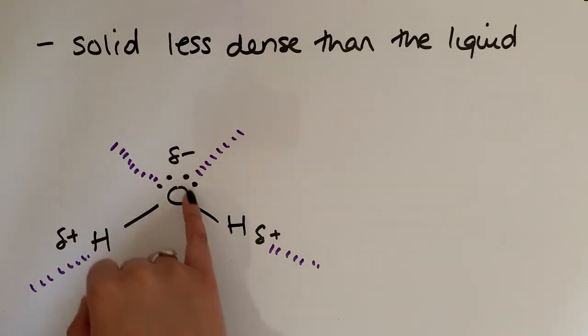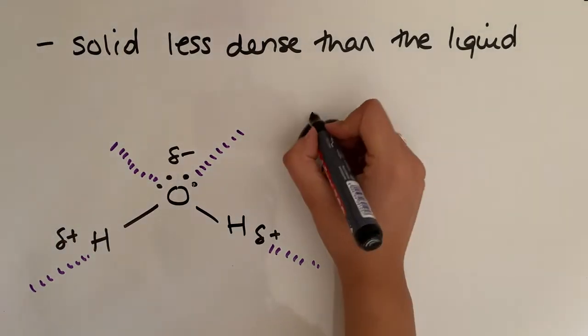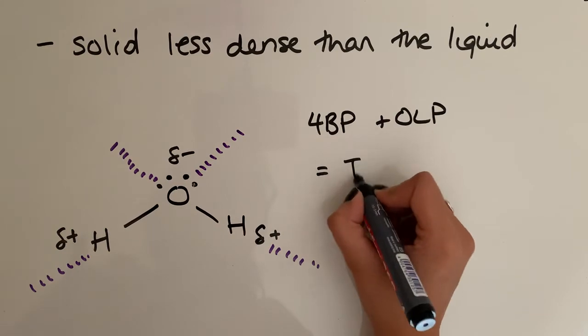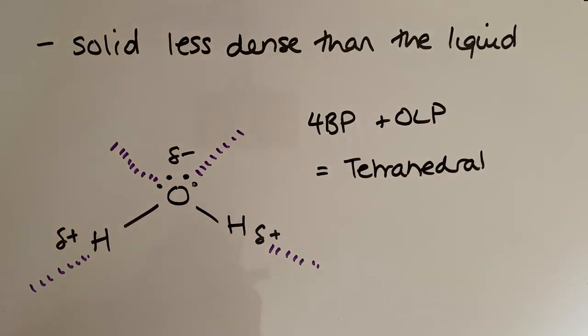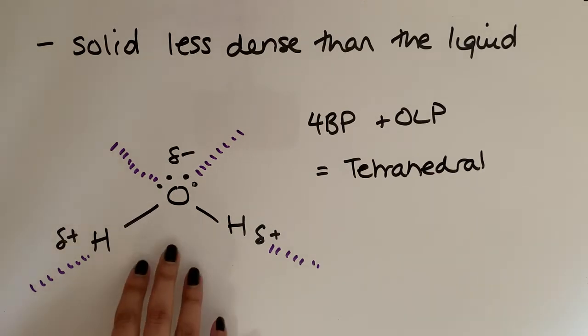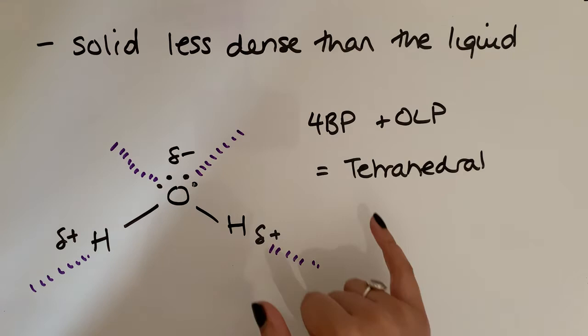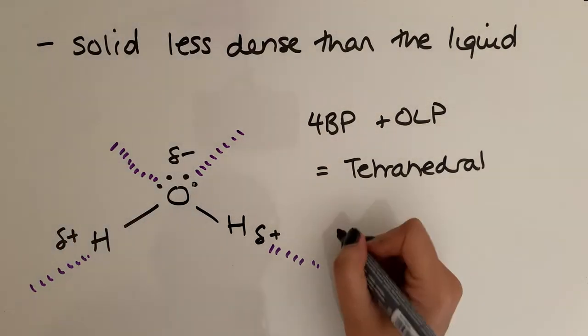So it then has 4 bonding pairs and 0 lone pairs. You guys should know that that is going to adopt the tetrahedral shape. So when in ice, all the hydrogen bonds form, and water adopts the tetrahedral structure. Everything is held in a tetrahedral structure, and it's what we call the open lattice structure.